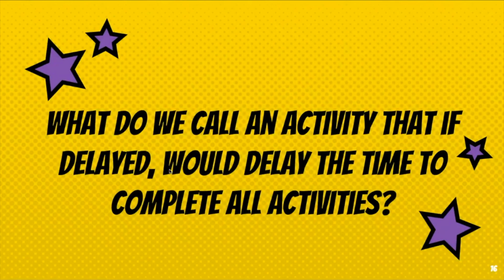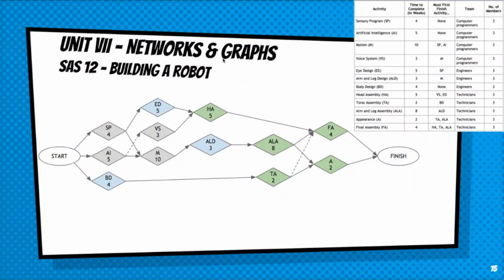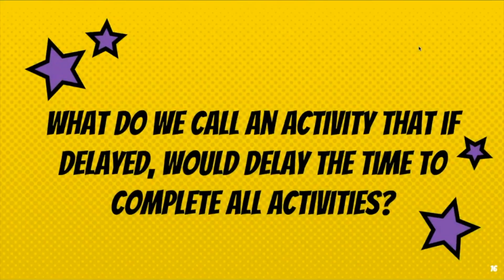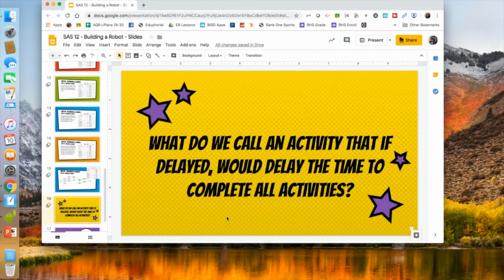What do we call an activity that, if delayed, would delay the time to complete all activities? We call that a must finish first activity, or must first finish activity before we complete. That is actually called a prerequisite activity. I'm going to go ahead and type that in there because it's not in there now.